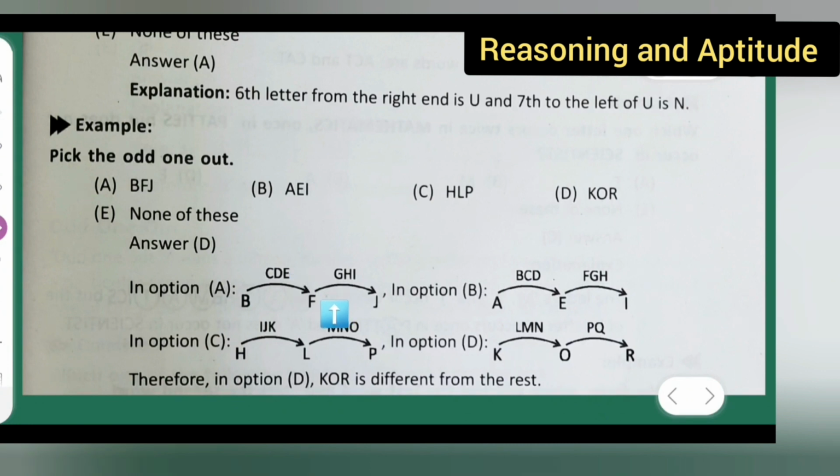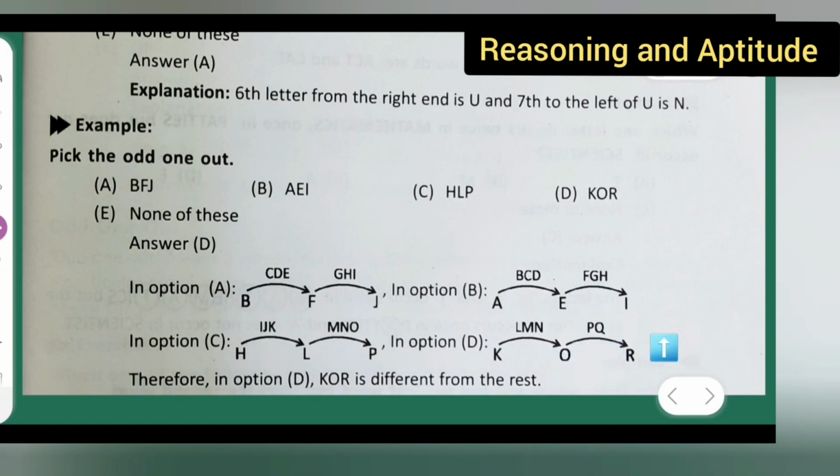C, D, E, F, G, H, I, J. In option B, it will be A, B, C, D, E, F, G, H, I. Again it is correct only. Next, let us see H, L, P: H, I, J, K, L, M, N, O, P. Yes, we are getting it. Next, option D will be K, L, M, N, O, P, Q, R. Here, this is the odd one, right?